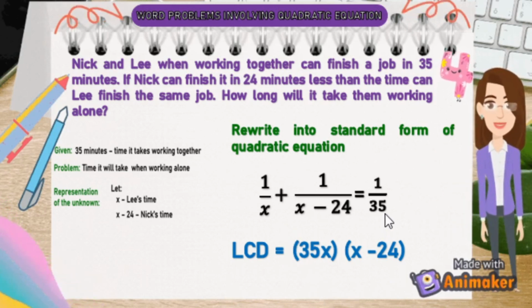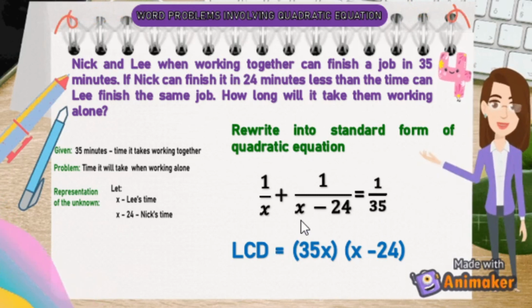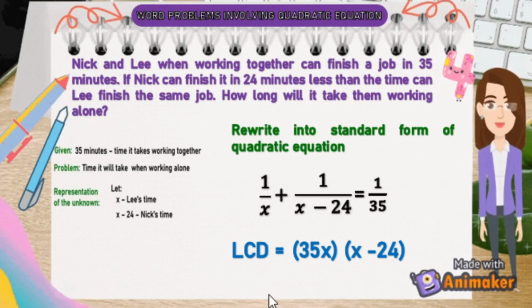Where did that come from? 35 times x and times x minus 24.